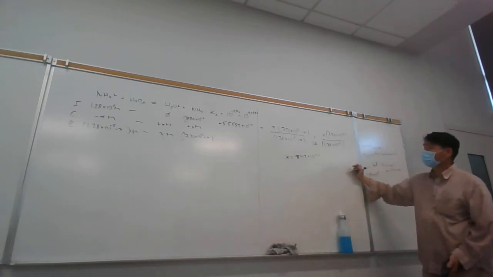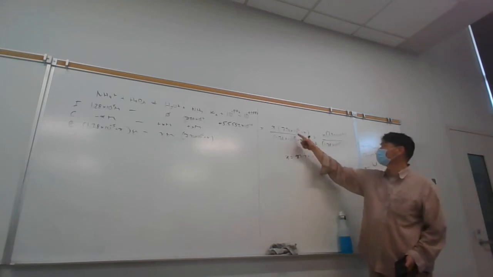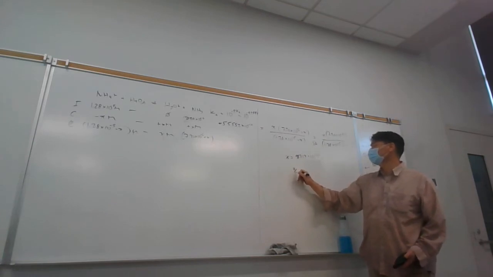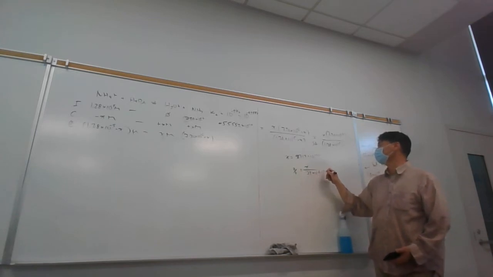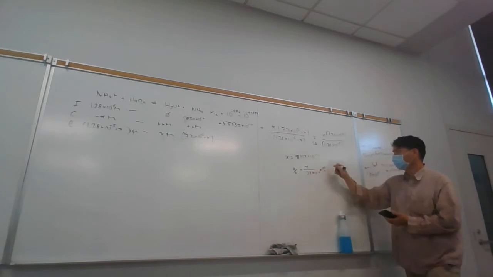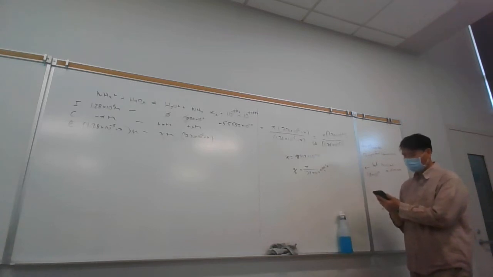Oh, maybe it's okay. Maybe the simplifying assumption is still okay. Which one's going to be a bigger percent change? 7.2. Yeah, and so let's go ahead and calculate the percent change based on that, which is going to be x over 7.2 times 10 to the minus 6. So I'll take this divided by 7.2 times 10 to the minus 6 times 100.